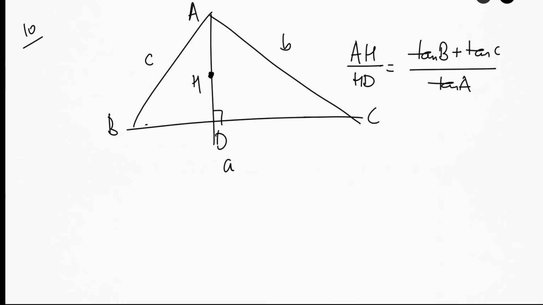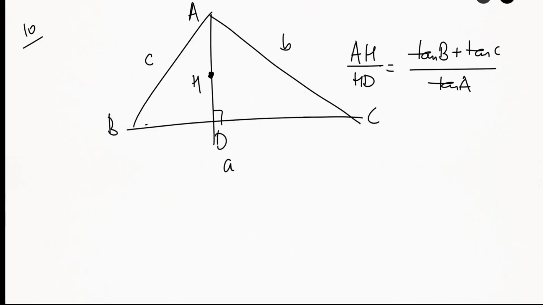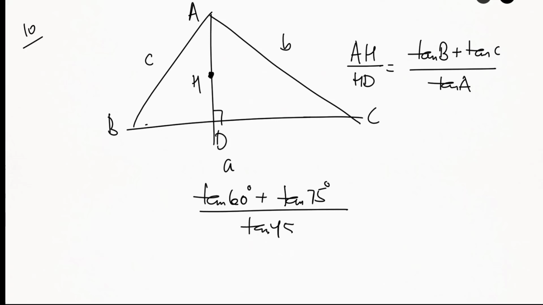A is 45, B is 60 and C is 75. So tan 60 plus tan 75 over tan 45. If you put the values, you will get the answer 2 plus 2 root 3.